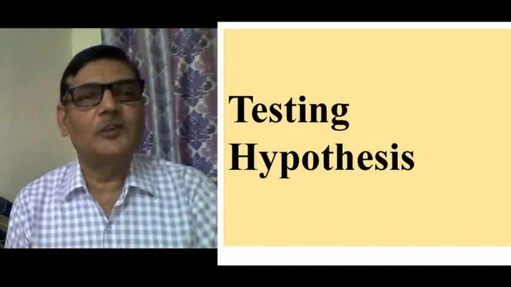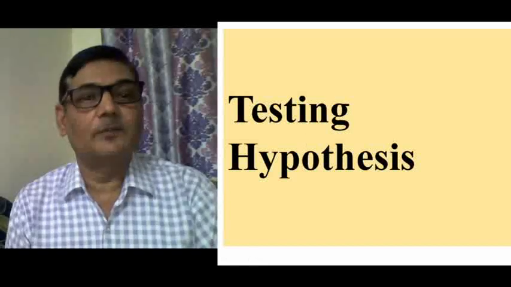See, we biologists perform experiments, and as a result, we are able to collect data, or we may be collecting data from the population regarding certain aspects, and that data has to be analyzed.